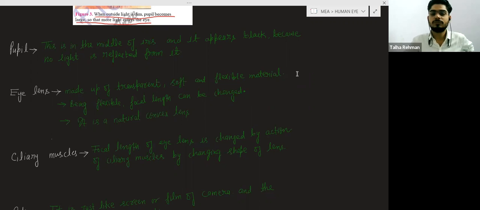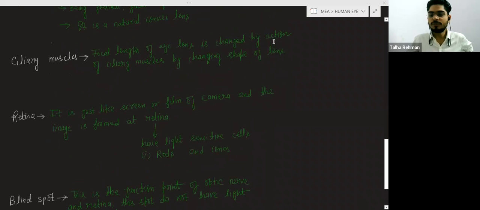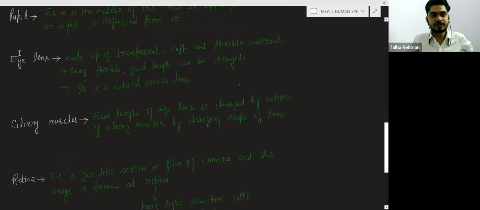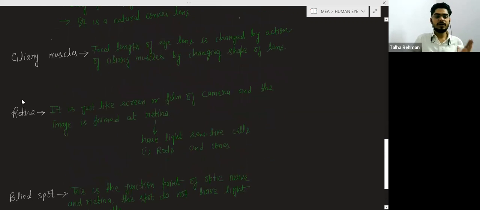I have done, sir. Completed, sir. Done, sir. Okay. So now complete this part: ciliary muscle, retina, and blind spot.